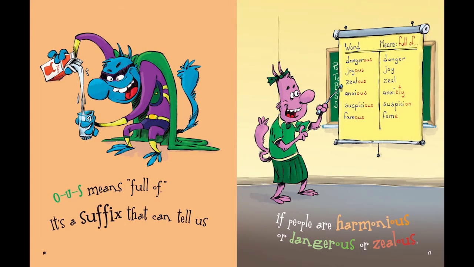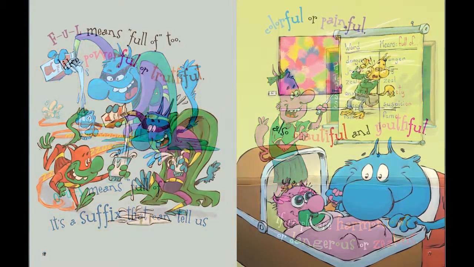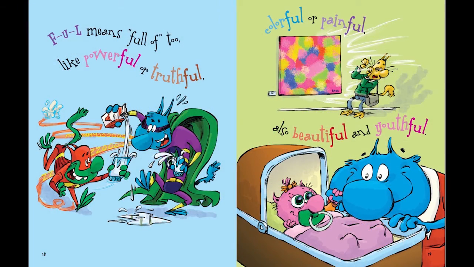Ous means full of. It's a suffix that can tell us if people are harmonious or dangerous or zealous. Ful means full of too, like powerful or truthful, colorful or painful, also beautiful and youthful.